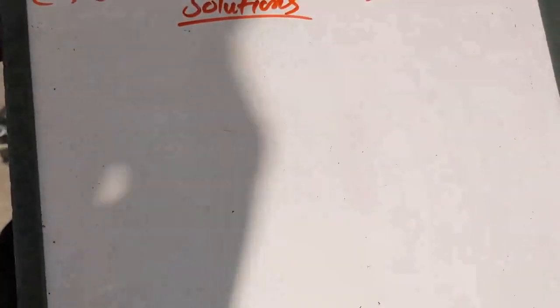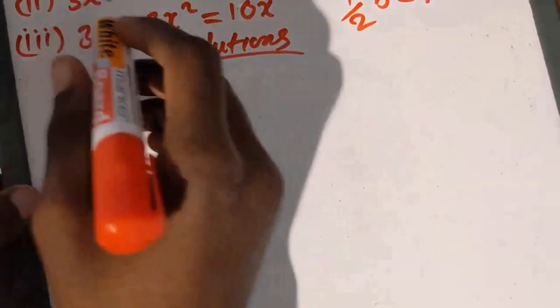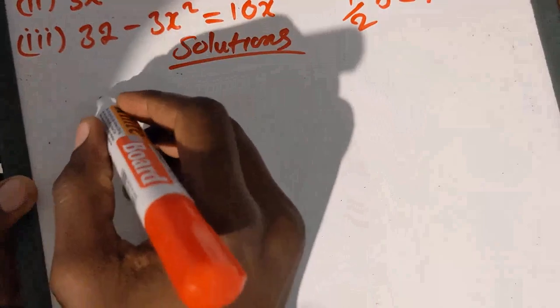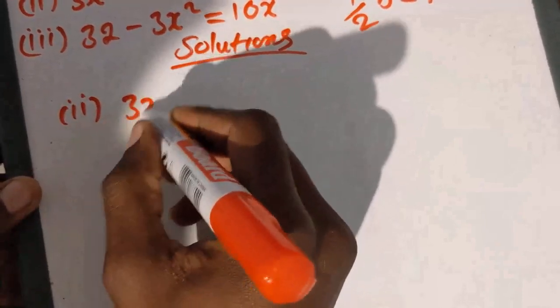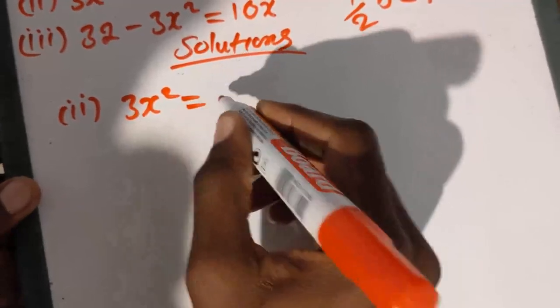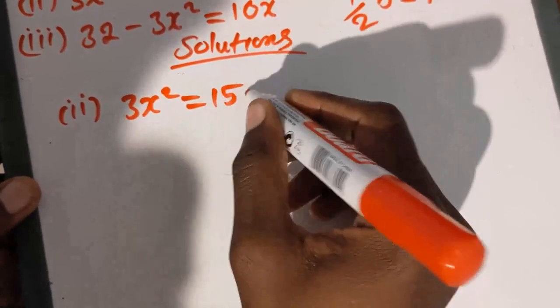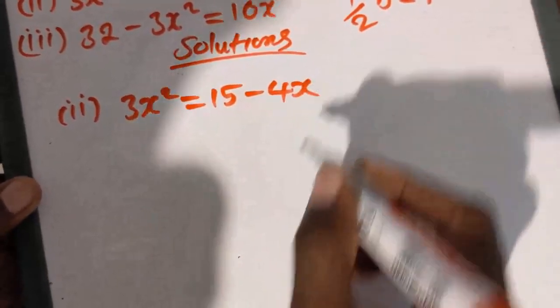So the second question here, we have 3x squared is equal to 15 minus 4x, like that.